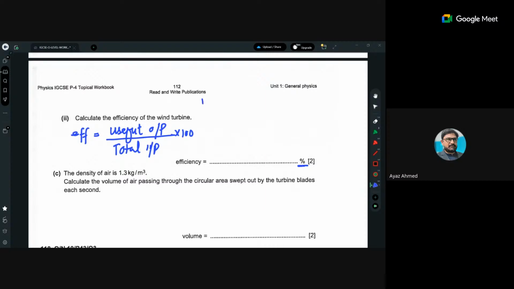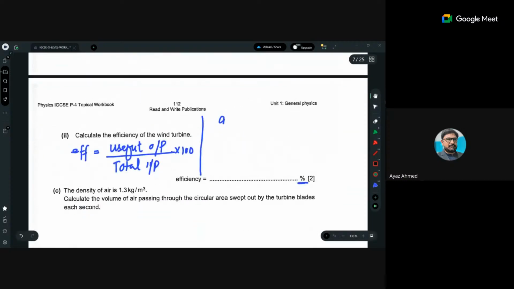That's why I put 100 here. The output is 22 watts, and the input was 240 watts, times 100. Please solve this.